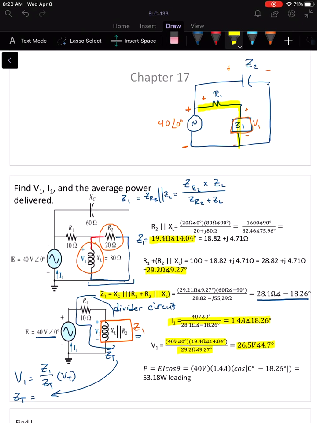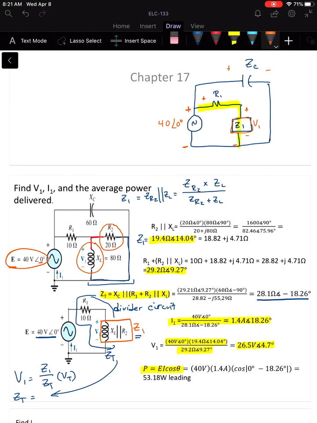volts at 4.7 degrees. Now, the second part of this is I was asked to find the average power delivered to the circuit. Remember, that's going to be your RMS voltage times your RMS current times cosine theta, where theta, remember, is the difference in phase angle between the voltage and the current. So we're looking at E here.